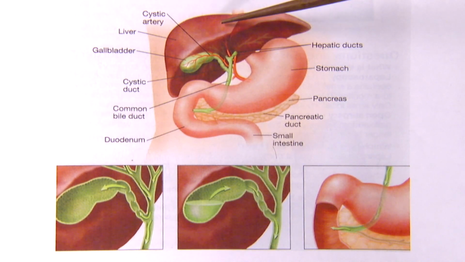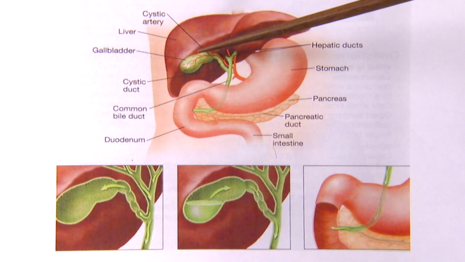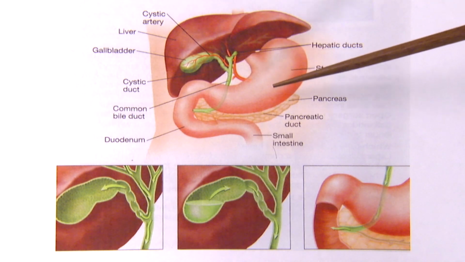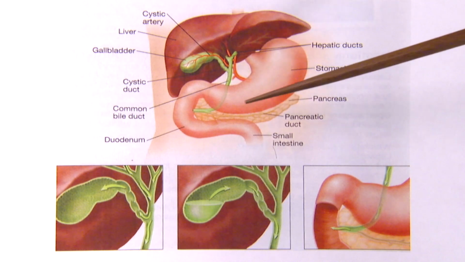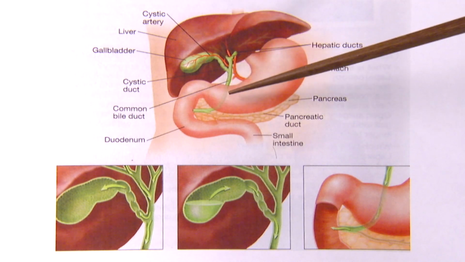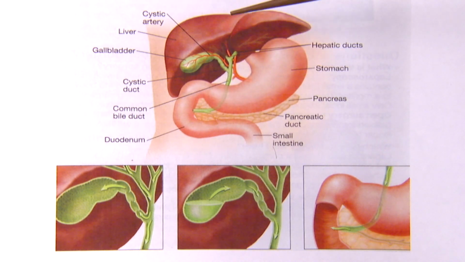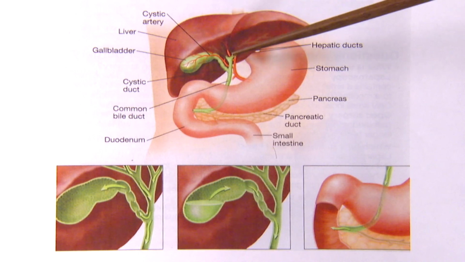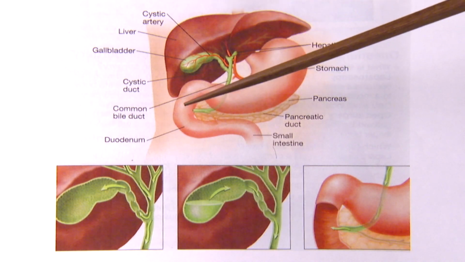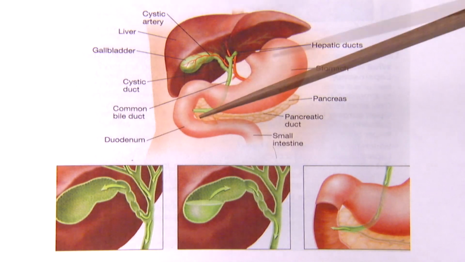This is a description of the anatomy for gallbladder disease. This is the liver, this is the gallbladder, this is the stomach, this is your pancreas, this is your bile ducts. Normally your liver makes bile. Bile helps digest foods, especially fatty, greasy foods. The bile that your liver makes goes down these bile ducts and enters your small intestine.